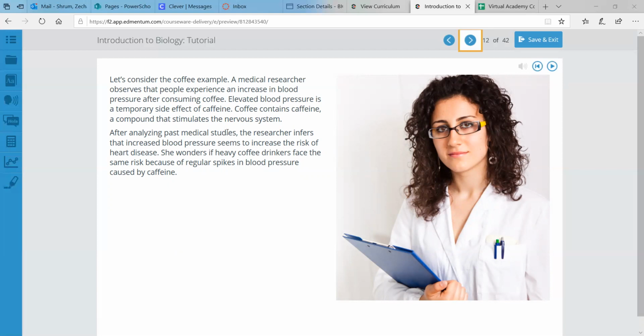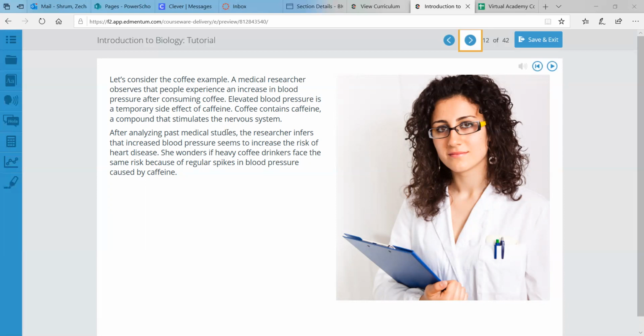Coffee contains caffeine, a compound that stimulates the nervous system. If you've heard of a stimulant, caffeine, technically a stimulant. It excites the nervous system. After analyzing past studies, the researcher infers that increased blood pressure seems to increase the risk of heart disease.